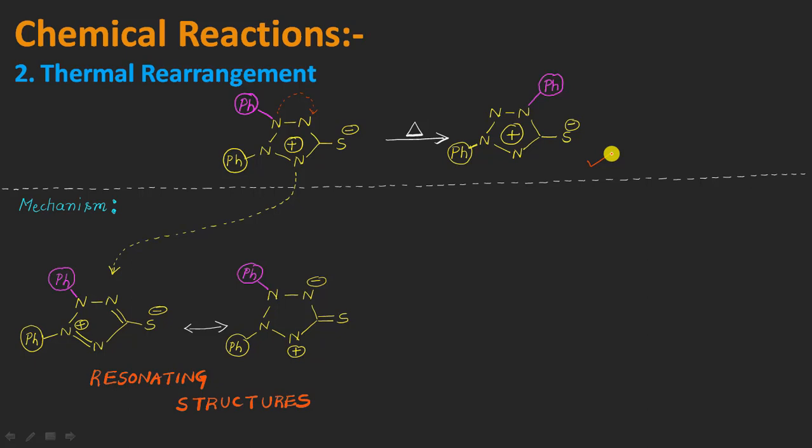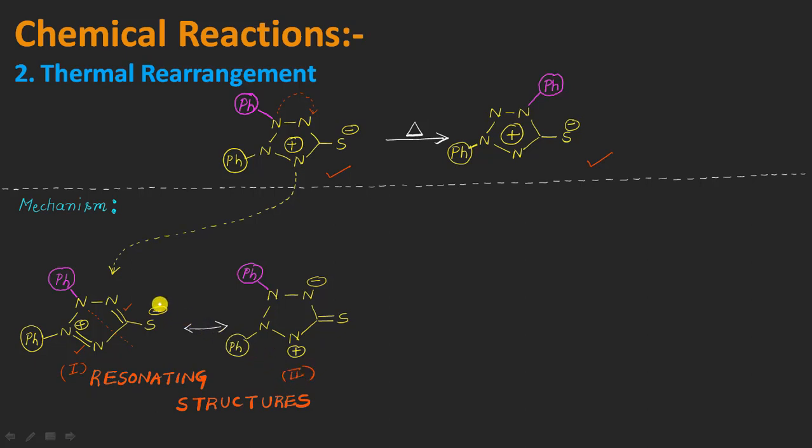So the mechanism is something like, let me draw here first of all the resonating structures for our mesoionic molecule, and it will be like this, right? So drawing a symmetrical axis here, then putting two double bonds parallel to this symmetrical axis and one positive charge here. This will be the first resonating structure, and then we will be having a second resonating structure, which will be like this here.